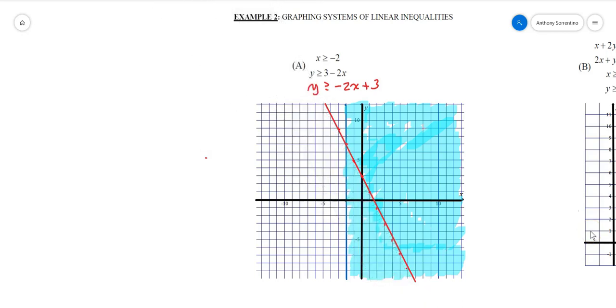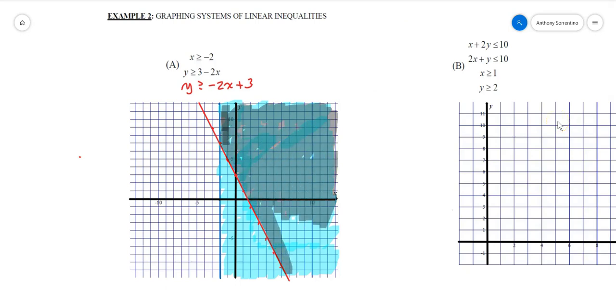I would shade above that, but I'm not going to reshade what's already been shaded. So the feasible region, or the answer to this, is this region right here. I'm sorry if it seemed like a lot of jumping around, but I was having some issues with the computer. That region right there is where I would have solutions to this system.